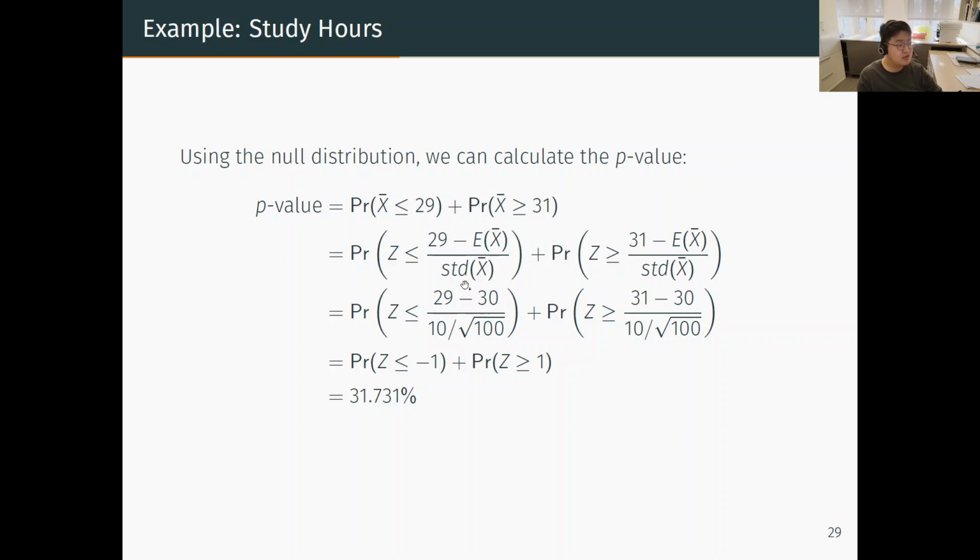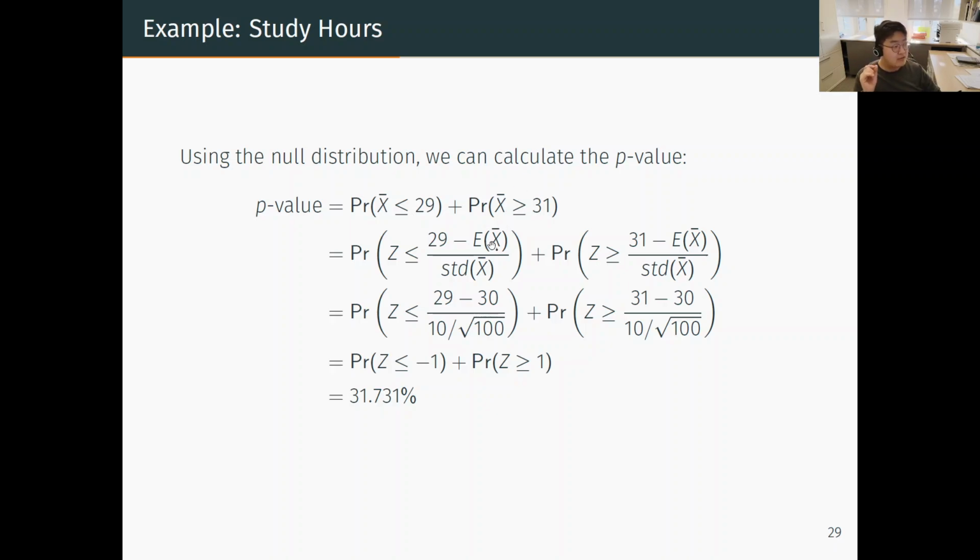The mean is 30. The standard deviation of the sample average is the single outcome standard deviation divided by the square root of the sample size, right? And you have to do the same thing on all these terms. You have to standardize both x bar and their counterparts on each tail.